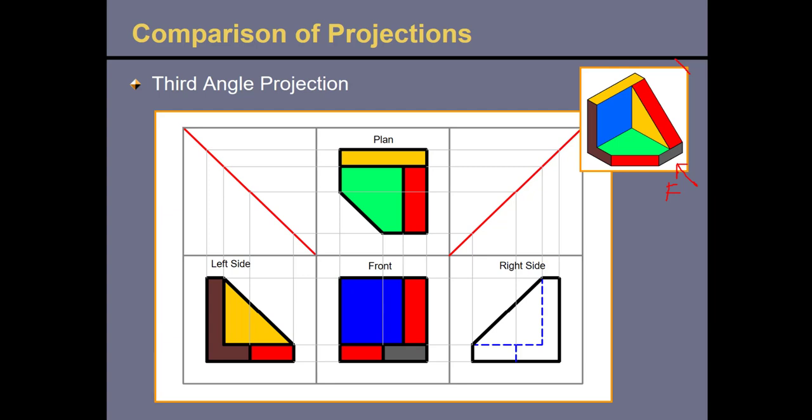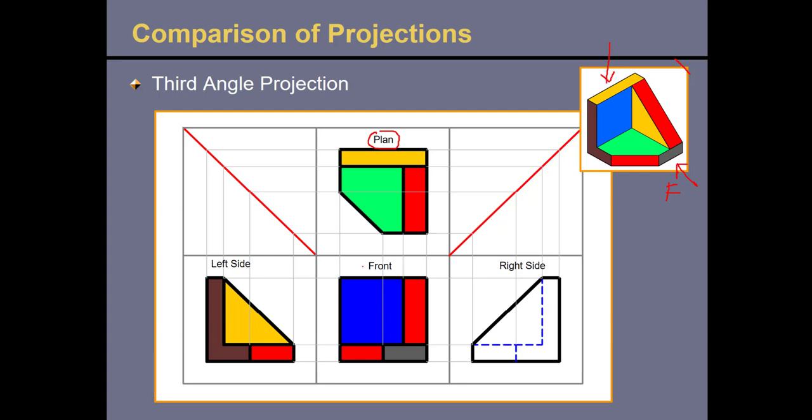For example, the plan view is looking from the top. That means the view is placed above the front. You can see the yellow rectangle piece, the green surface area, and one red rectangle area.